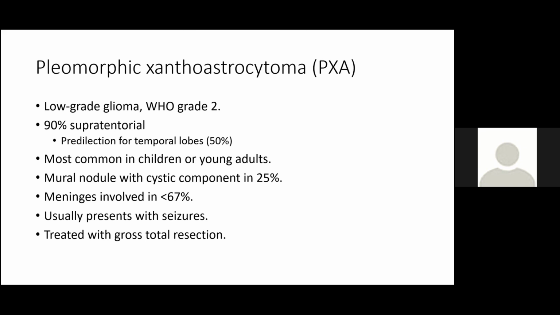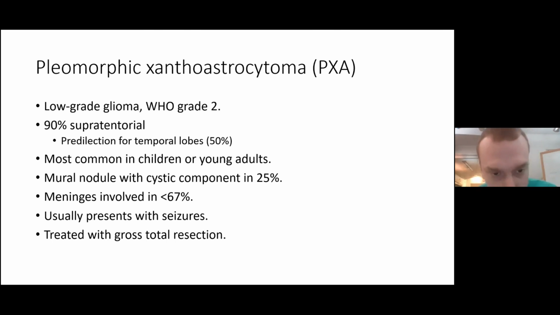on frozen. Okay, thanks. Okay, so PXA is usually a low-grade glioma, WHO grade 2. 90% of them are supratentorial and have a predilection for the temporal lobes. Most commonly seen in children or young adults. A mural nodule with cystic components is seen in 25% of the cases. The meninges are involved in less than 67%.